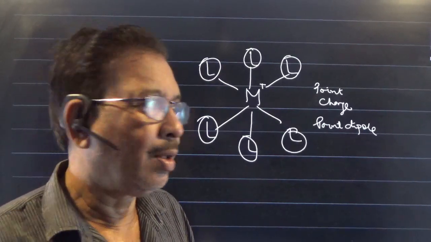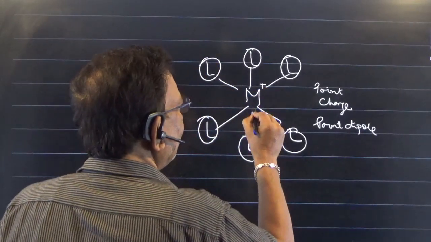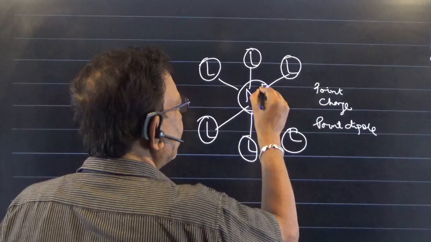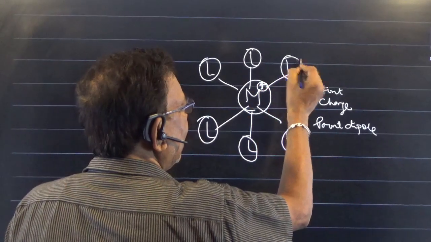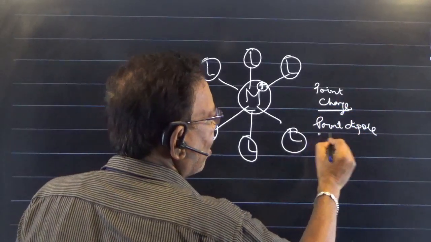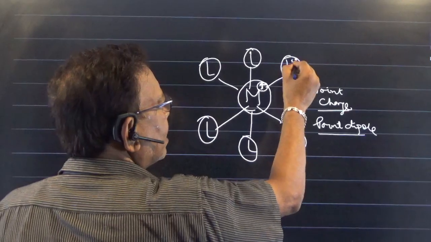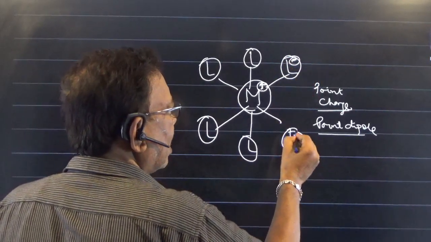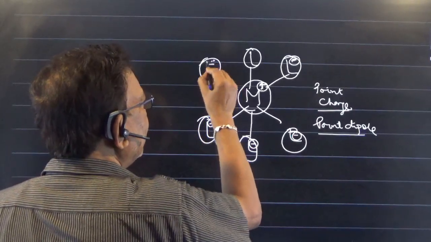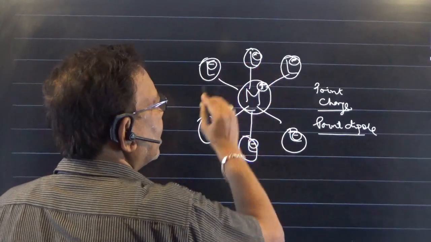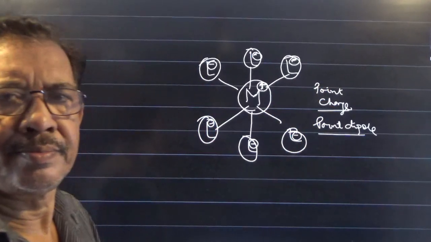So here the metal ion is positively charged, the nucleus is there. The ligand is either a point charge or a point dipole, anything negatively charged. So is there an attraction or repulsion, Ananya?